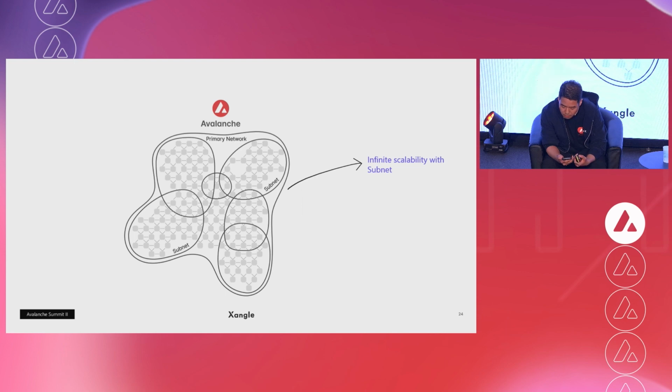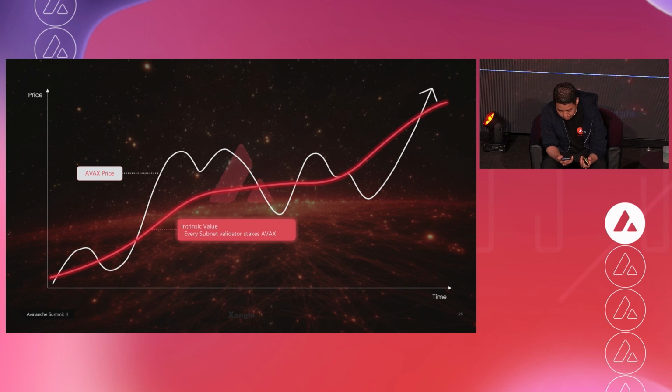As a tremendous number of subnets operate, and among them large-scale subnets emerge, the demand for AVAX staking is bound to grow. Moreover, the number of subnets without their own tokens using DeFi on the C chain might also grow. That could also drive more demand for AVAX. So, in the long run, as subnets scale out, the long-term value of AVAX will also rise.